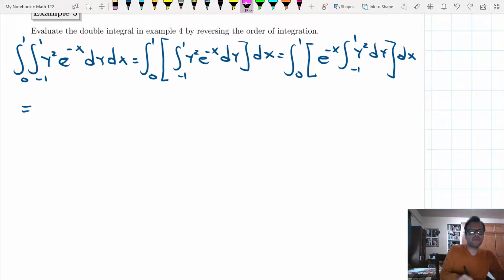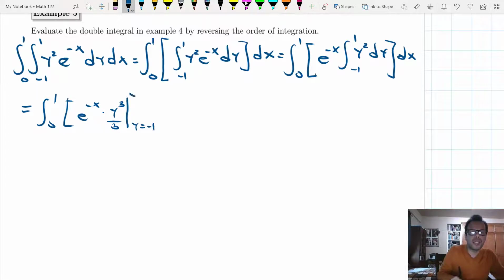The integral from 0 to 1 of e to the negative x. The integral of y squared will be y cubed divided by 3. That evaluated, again be careful with this, from y equals negative 1 to y equals 1. That times dx.